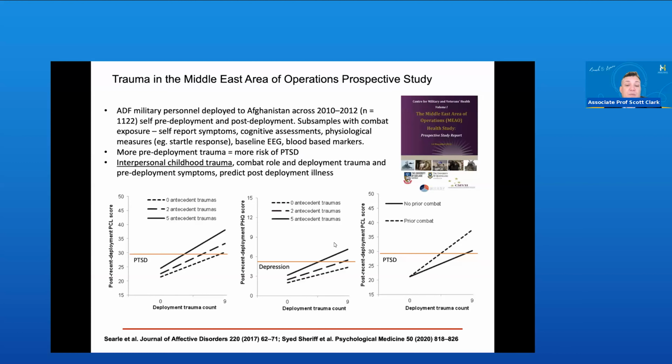So there are subsamples within this cohort with combat exposure. They measured self-report symptoms, cognitive or thinking assessments, physiological measures like startle response and response to noise, baseline electroencephalography, so it's baseline brain waves, and blood-based markers, inflammatory markers and other markers.